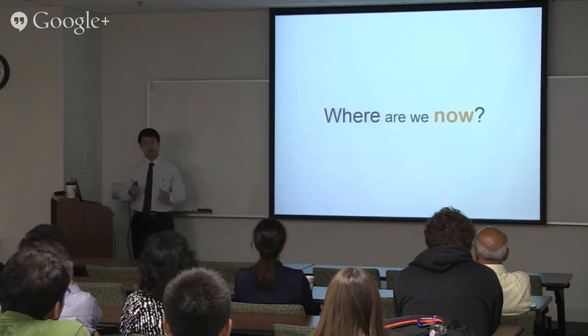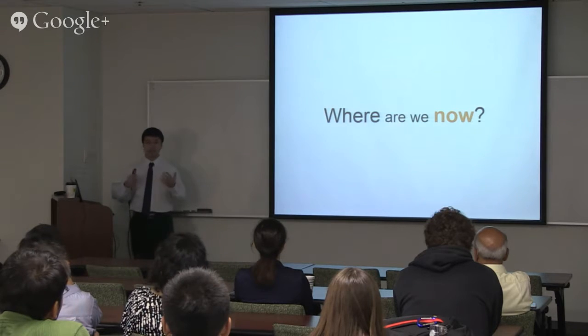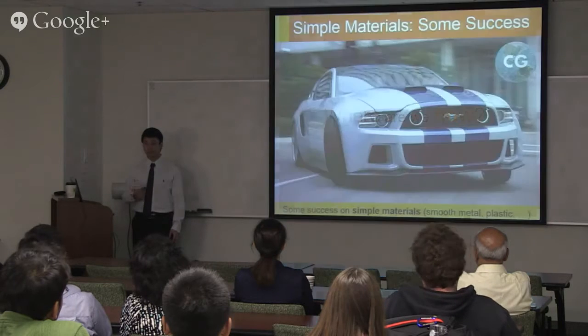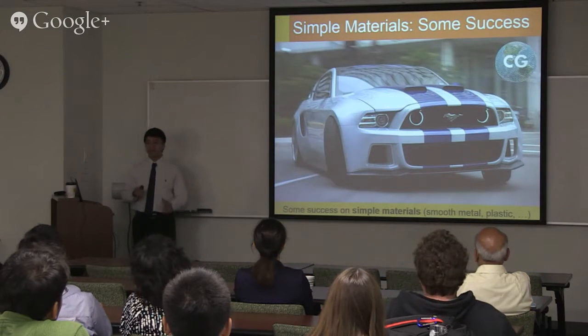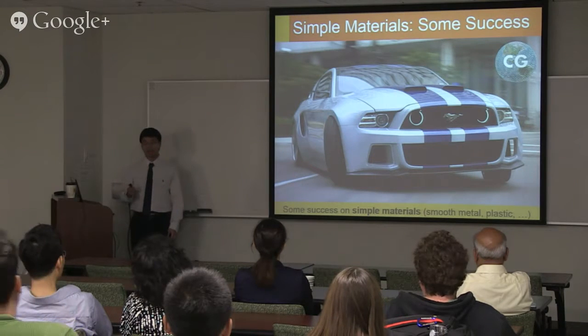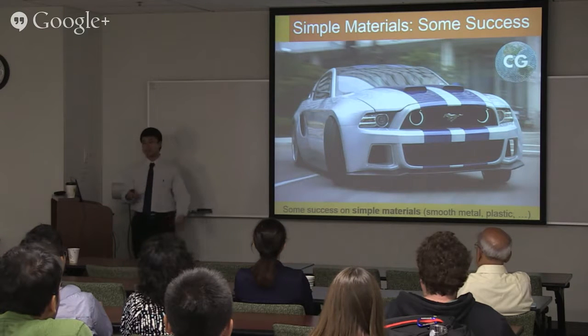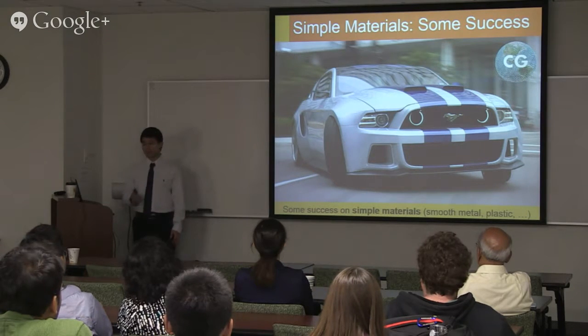So where are we now? What quality can be achieved when using a computer to generate images that reproduce real-world appearances? Traditional methods have had some success in handling materials with relatively simple optical properties, such as smooth metal surfaces or smooth plastics.